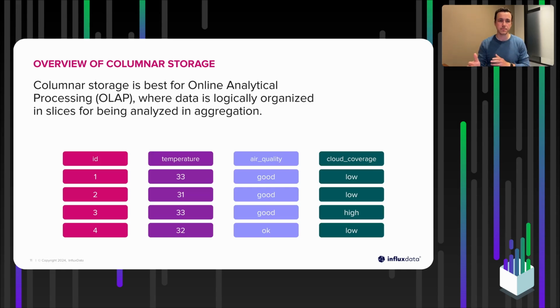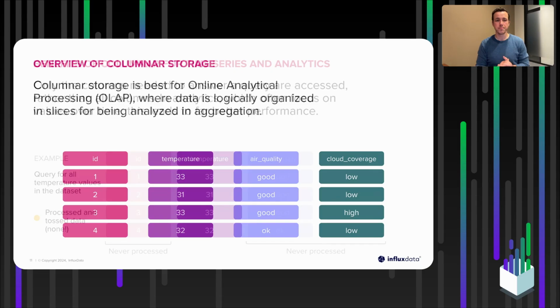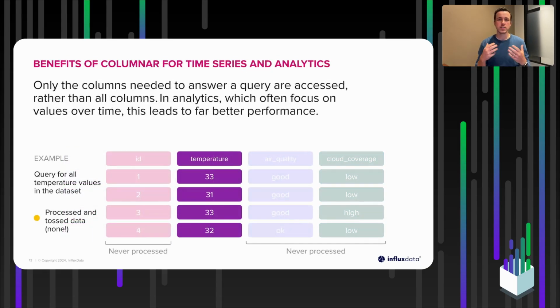So if we were to take a look again at our previous example, if we're looking at just temperature in this scenario, we're not having to query all the rows themselves. Instead, we say, just give me one column. It dramatically cuts the amount of time it takes, not just to analyze, but to process as well, because we never look at air quality or cloud coverage or other columns that don't really add value to the analytical query we need.